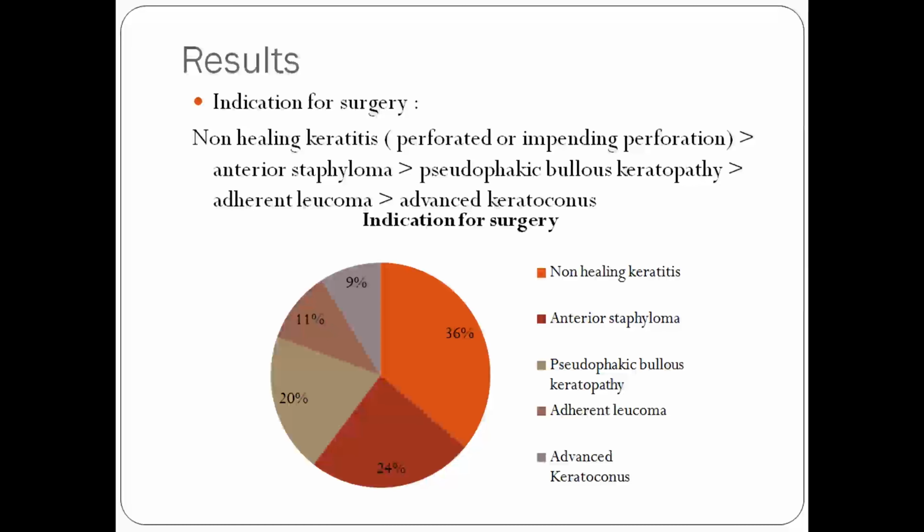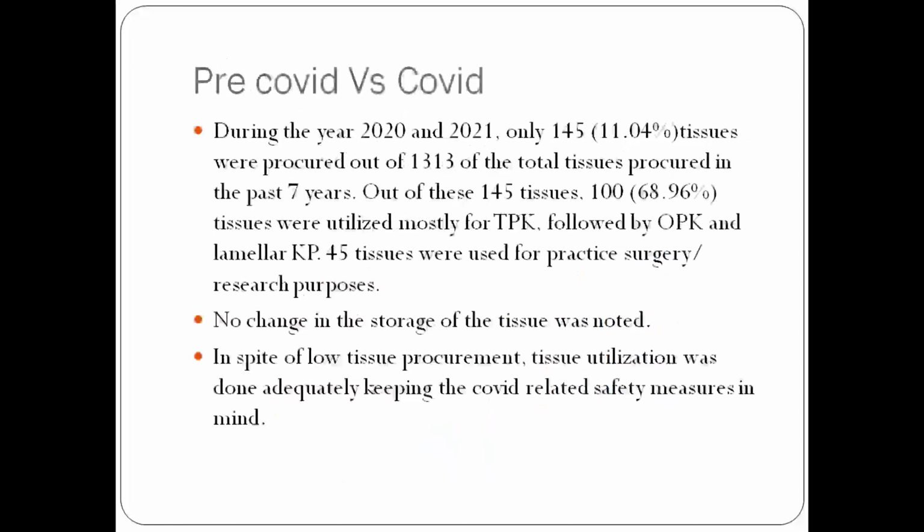Indication for surgery. The most common indication was non-healing keratitis, infective cause, perforated or impending perforation, followed by anterior staphyloma, followed by pseudophakic bullous keratopathy, followed by adherent leucoma, and then advanced keratoconus.